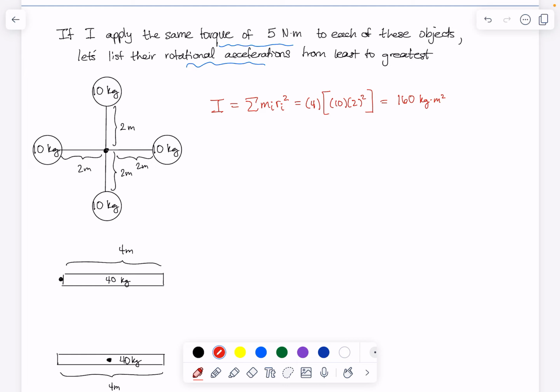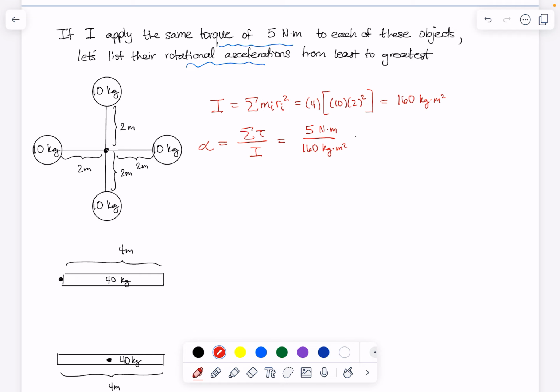And from your formula sheet, we know that alpha is equal to the sum of the torques over I, right? So this is a nice variation of Newton's second law. It's just solving for alpha. And our torque is 5 newtons times meters over 160 kilograms times meters squared.